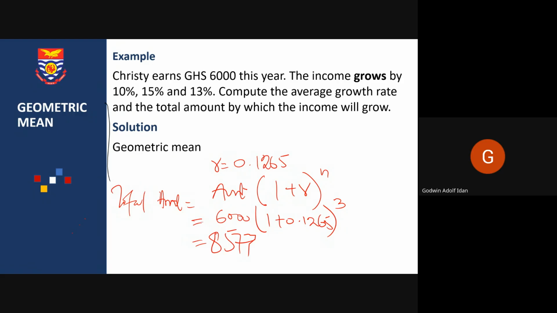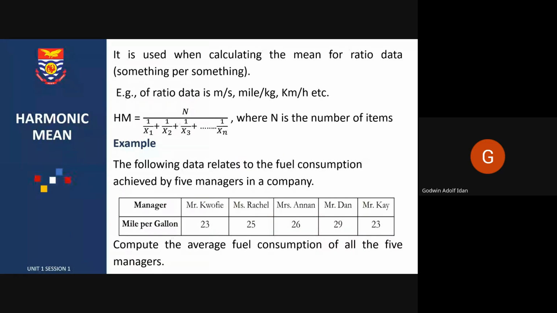Now let's move on to the other one, which is the harmonic mean. Now the harmonic mean usually is used to compute the mean for ratios. Here we are now interested in something that is in the form of proportion.